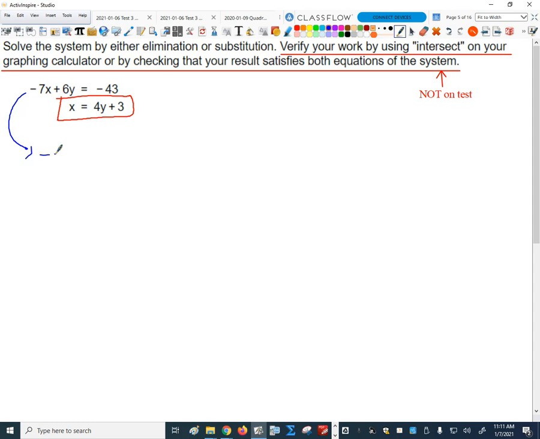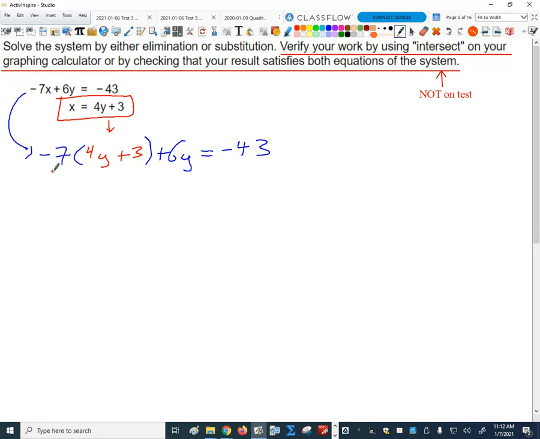So our top equation would become -7 times x, and we're going to plug in a value for x, plus 6y equals -43, where x is equal to 4y plus 3, right? And now look what that did. Now we have a new equation here that's only got y's in it, and so we could do some algebra and solve for y, right?